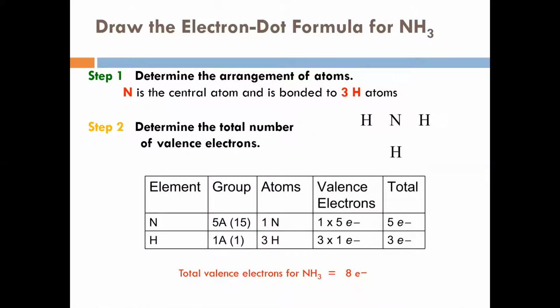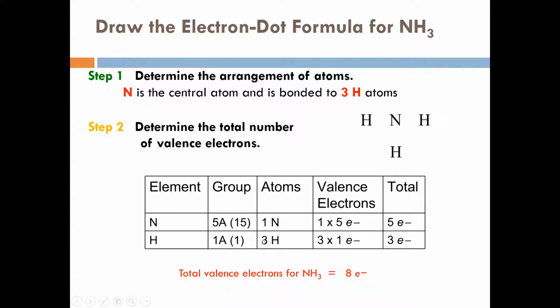So let's just start with our first molecule, which is NH3. Now, with NH3, we have nitrogen, which is in group 5. So it has 5 valence electrons, and there's just 1 of them. Because we have H3, this subscript here means that we have 3 hydrogen atoms.